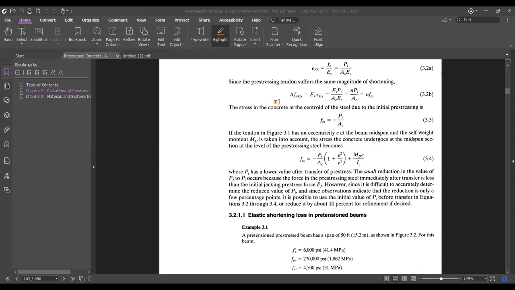Yes, getting PI: when you divide PI by the area, it equals FPI, because FPI is stress, and load divided by area is stress.